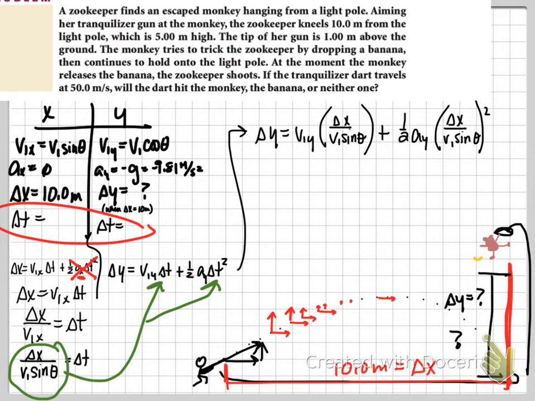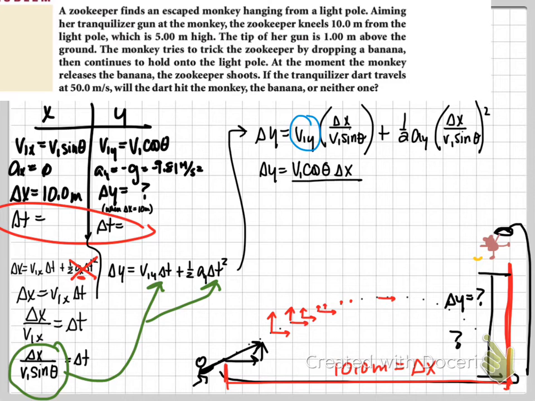Well, we have to do the same thing for this that we did for the Vix. So delta y equals Vi cosine theta, and I'm going to go ahead and distribute that across the parentheses.